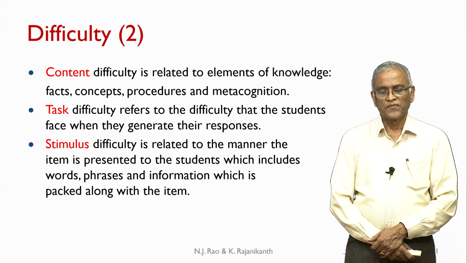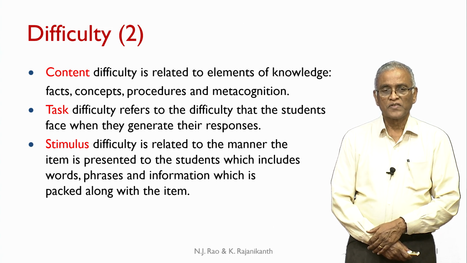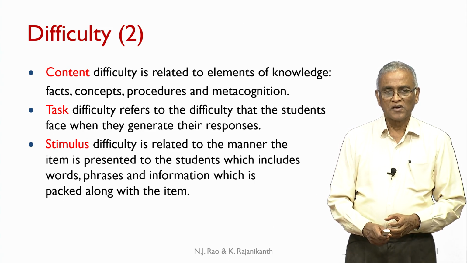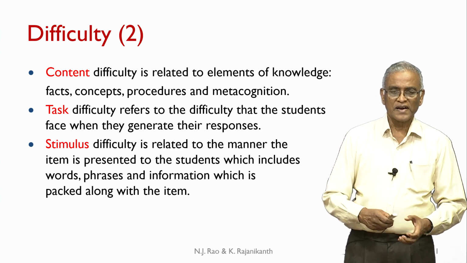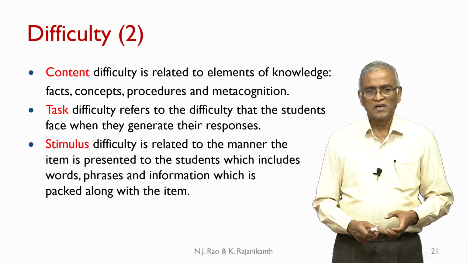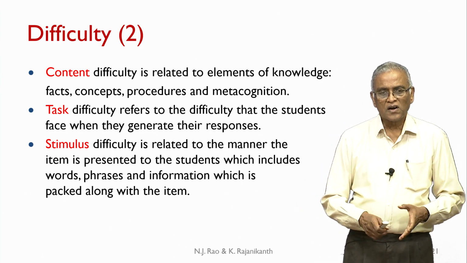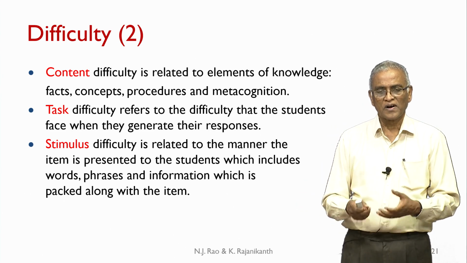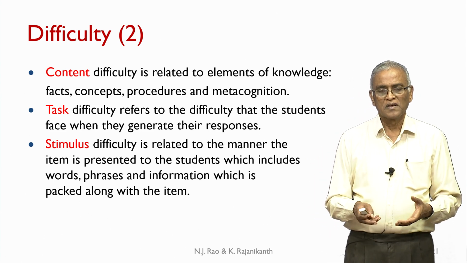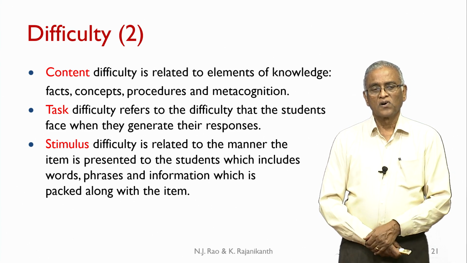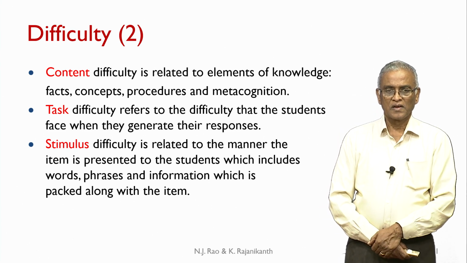So, if there are many concepts and you have procedures that involve very long steps with all kinds of conditions and so on, you can actually count the number of facts, number of concepts, number of procedures that are really involved, then you call it content difficulty.